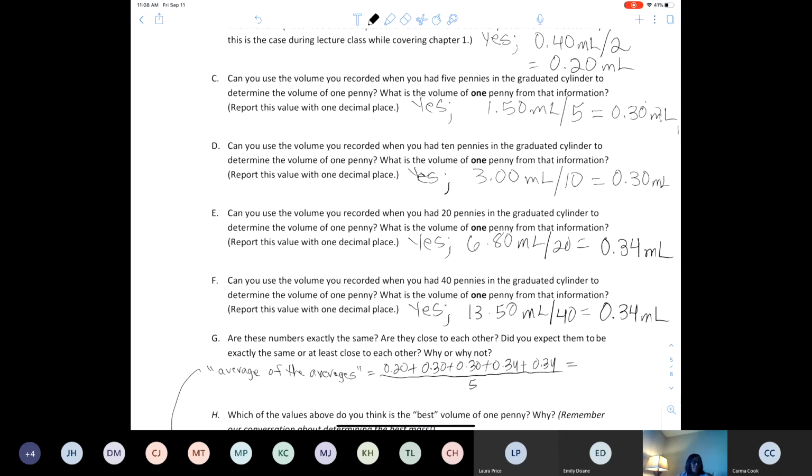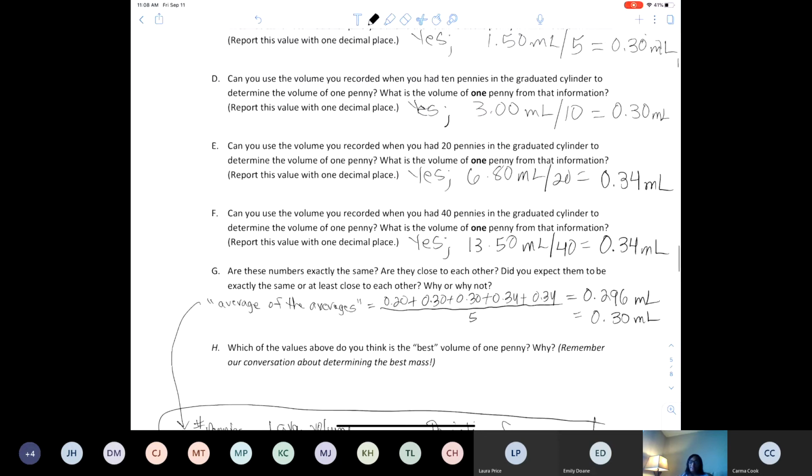You get the average of averages. So we round to 2 decimal places. Our average of the averages is going to be 0.30 milliliters.